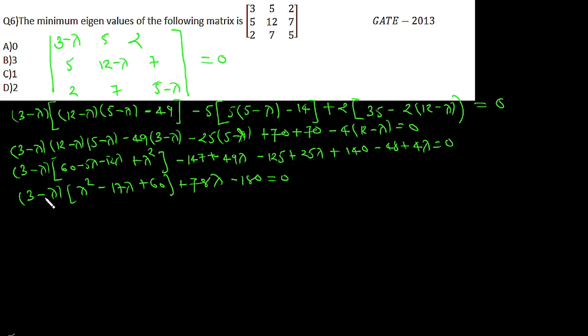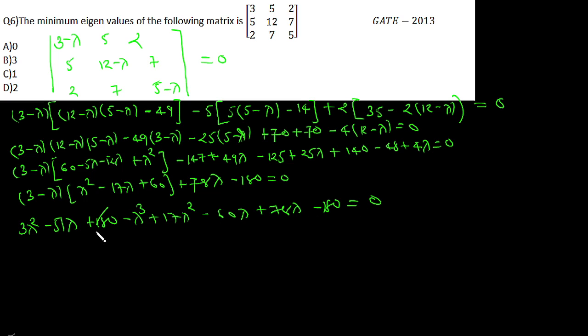Now let's multiply this bracket with all these terms. We get 3 lambda square minus 51 lambda plus 180, then minus lambda cube plus 17 lambda square minus 60 lambda, with the bottom remaining as it is, plus 78 lambda minus 180 is equal to 0.